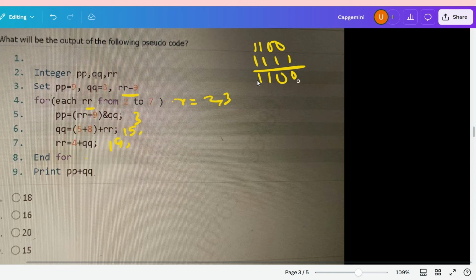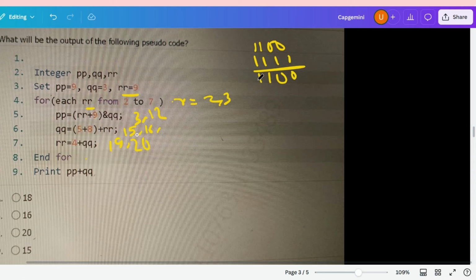So 1100 is 12, and this statement becomes 12. The next is 5 plus 8 plus r, so this becomes 13 plus 3, that is 16, and 4 plus q will be 4 plus 16, that is 20. As you can see, 15, 16, 19, 20.